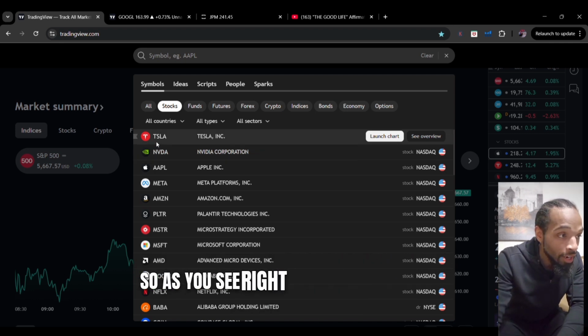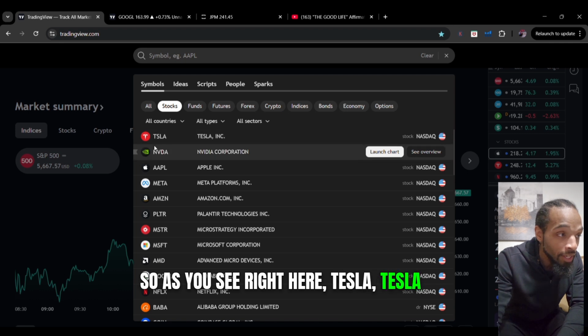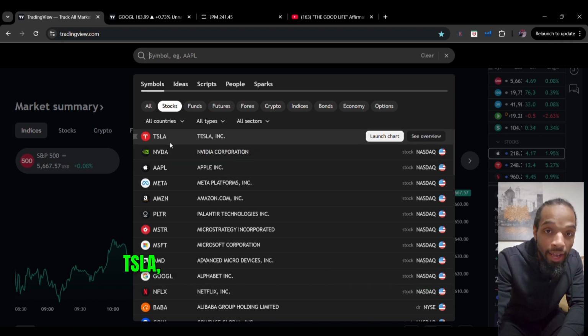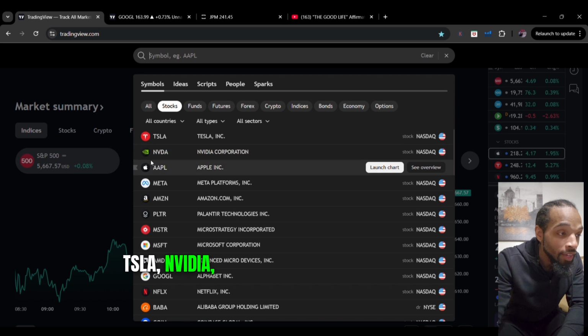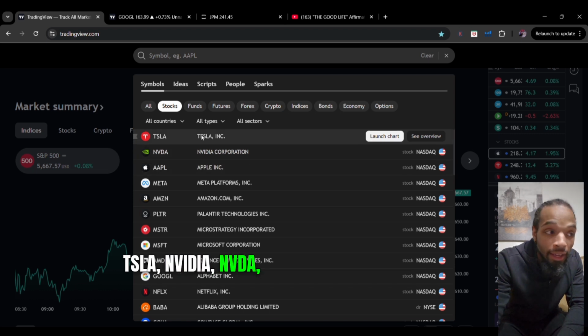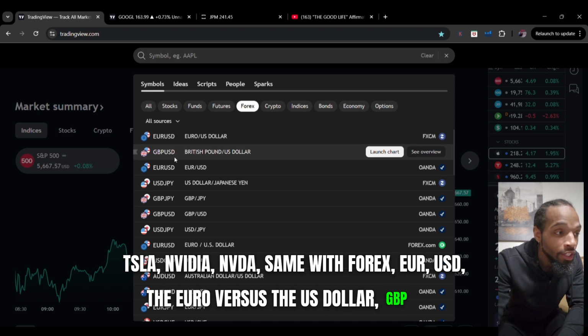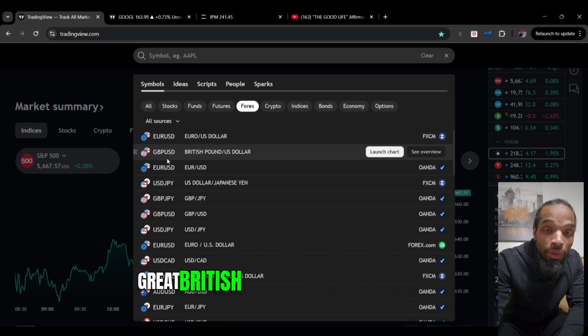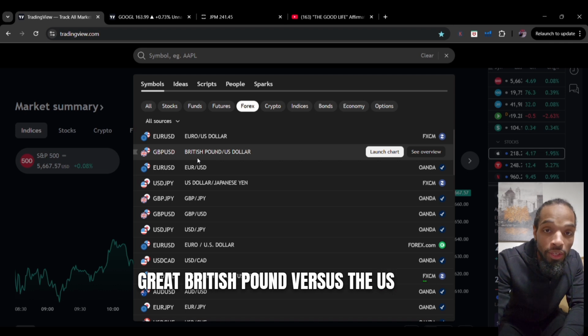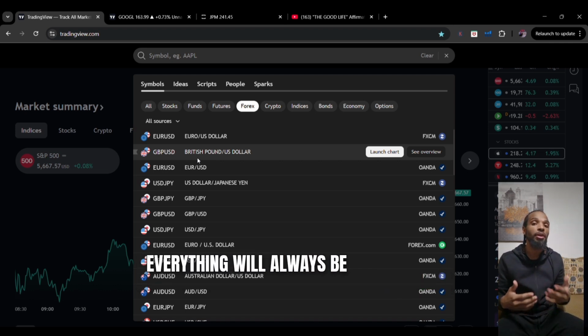As you see right here, Tesla Inc., TSLA. NVIDIA, NVDA. Same with Forex. EURUSD, the euro versus the US dollar. GBPUSD, Great British Pound versus the US dollar. Everything will always be abbreviated.